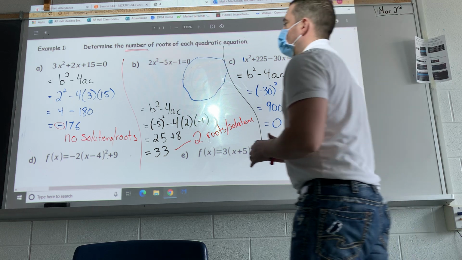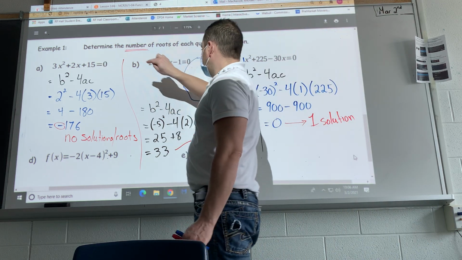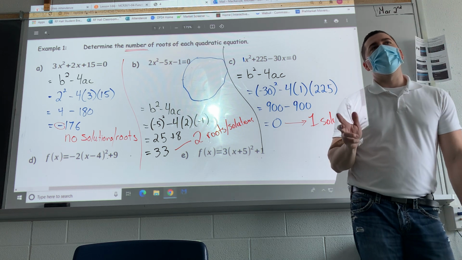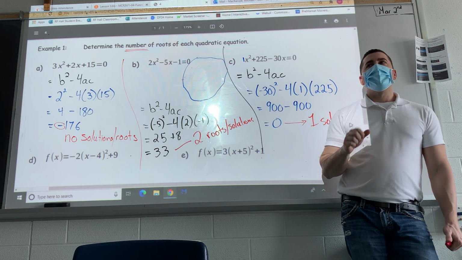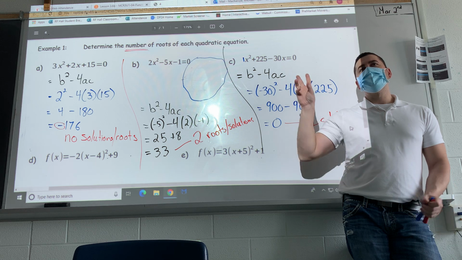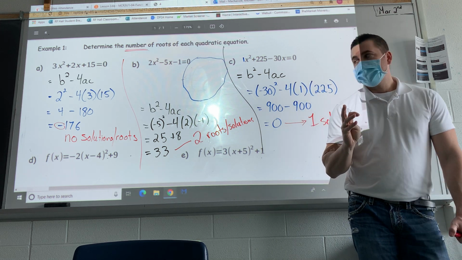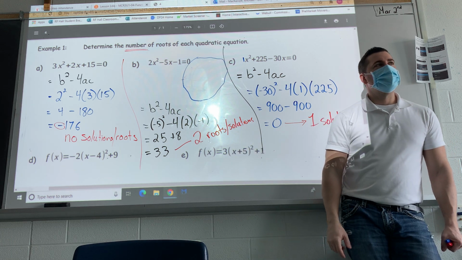One thing I also want to mention: you can only use the discriminant or quadratic formula if what? Let's see if you guys get this. We can't use it for these two. Why?